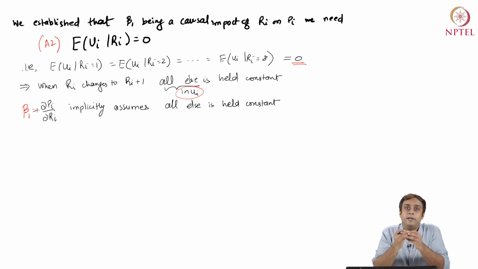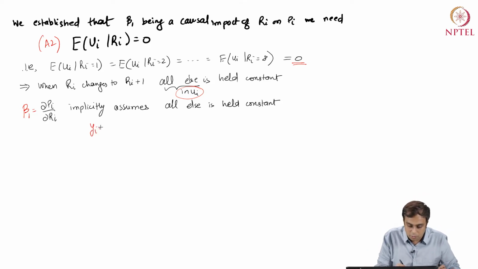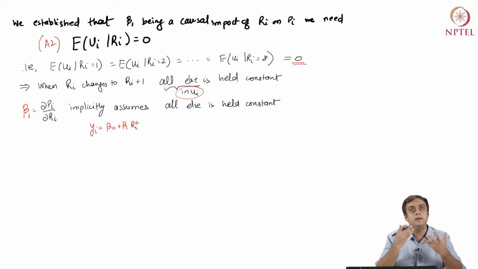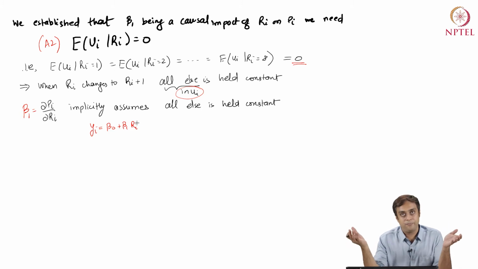Now, if this was a deterministic equation, if we only worked with yi equals beta 0 plus beta 1 Ri, this mathematical formulation of del Pi by del Ri will automatically suggest that all else is held constant, right?